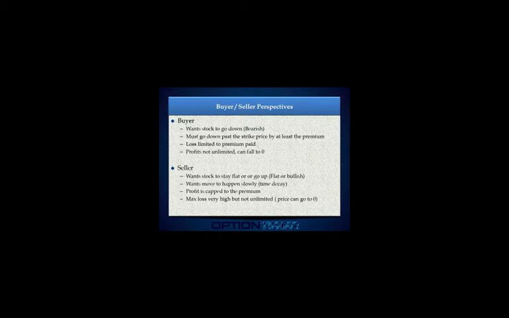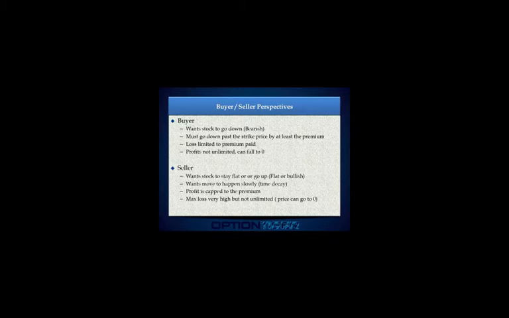In the case of a put option, the maximum profit can be very large, but it cannot be unlimited because the lowest that a stock can go to is 0. Likewise, the maximum loss for the seller of a put option is also not unlimited. It could be very large, however, if the stock keeps going down and goes towards 0. Think of the insurance company for your car. The maximum they are liable for is if your car goes down to 0.